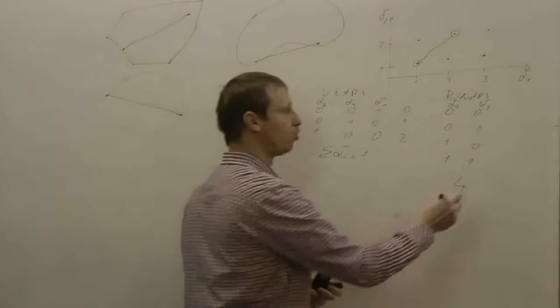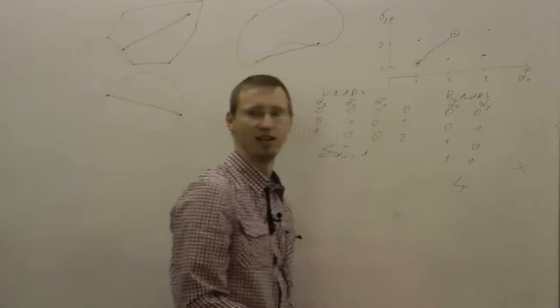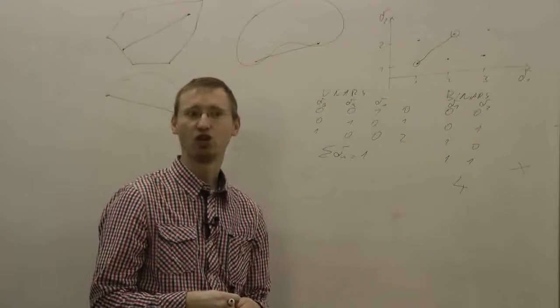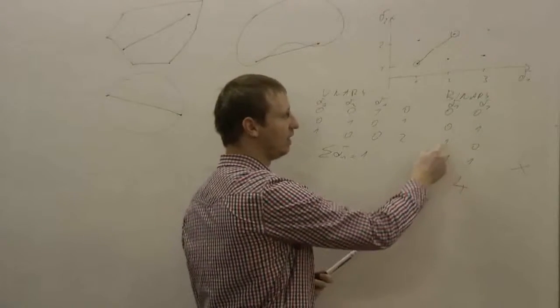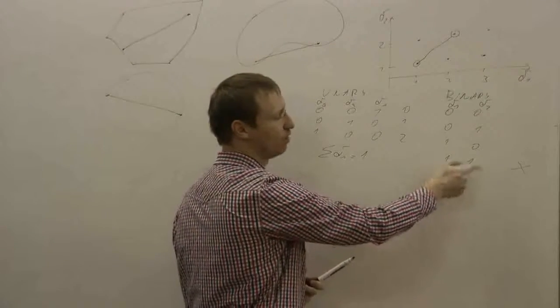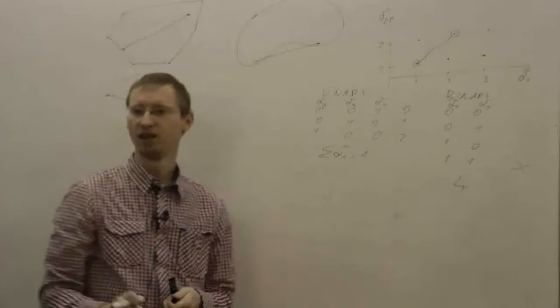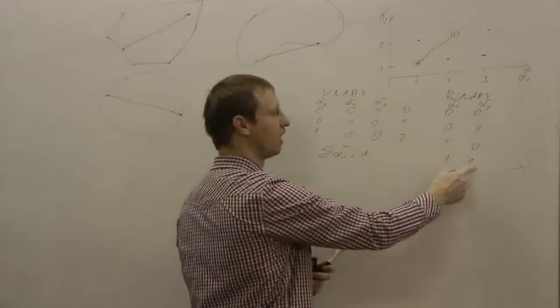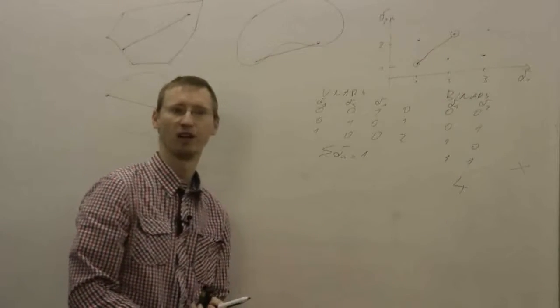Now, this one can also be ruled out rather easily. Can anybody tell me a condition which rules out that these binaries will be set to these two values? Tell me a condition which is infeasible if delta 1 is 1 and delta 2 is also 1.